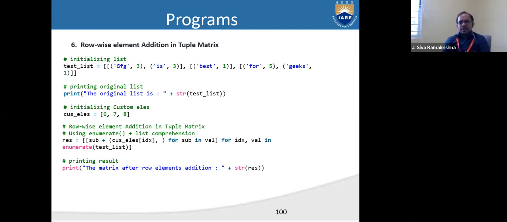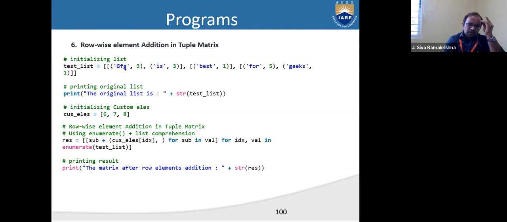The matrix can be designed by using a list as well as by using a tuple. So let us try it. Okay, we have created a matrix using both a list as well as a tuple, right? And now, what we are asking is to perform row-wise element addition.